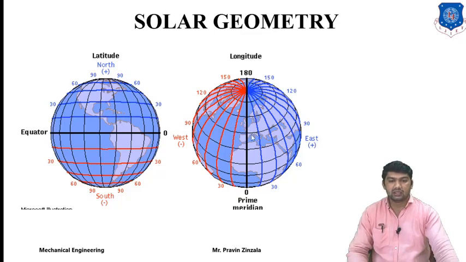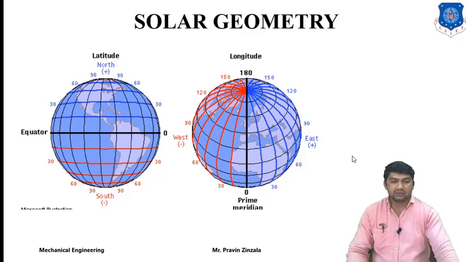The same applies to the meridian or longitude. Distance toward the east is considered a positive angle. Distance toward the west, measured with respect to the meridian, is considered a negative angle.